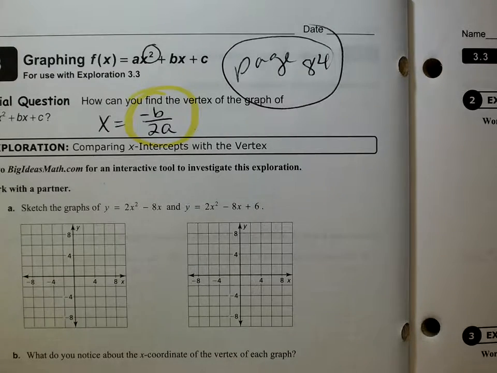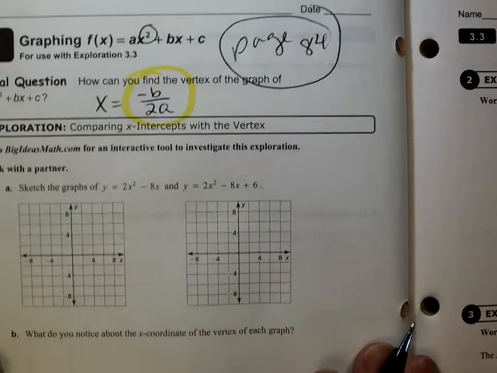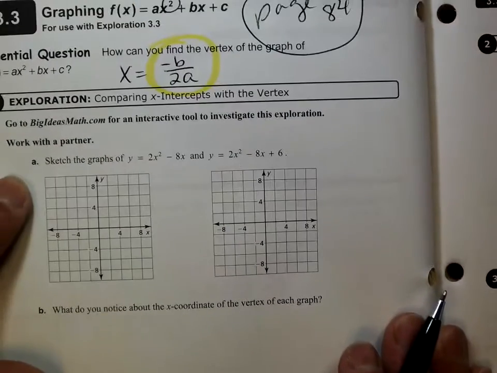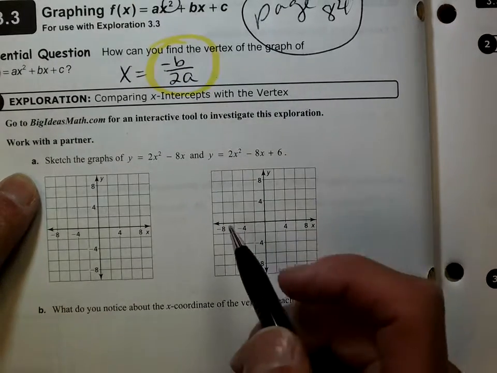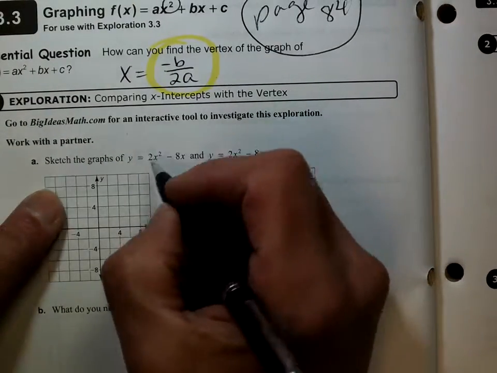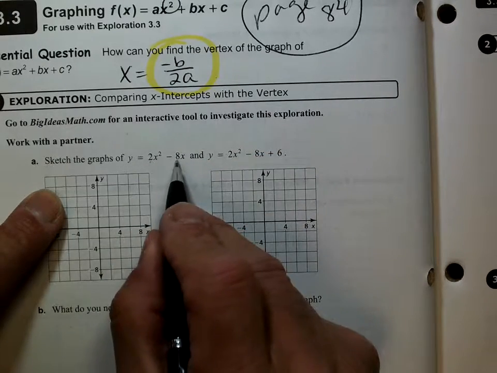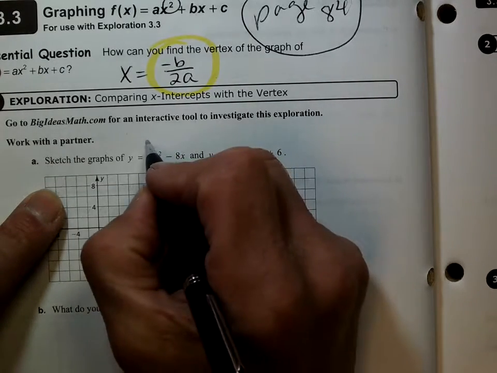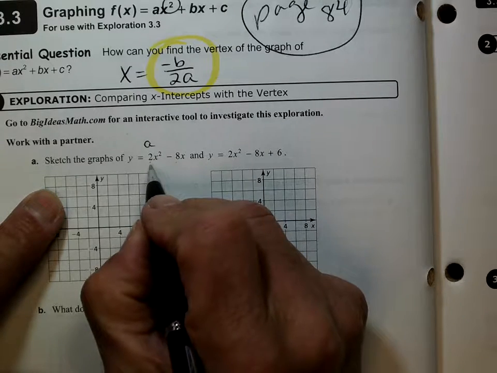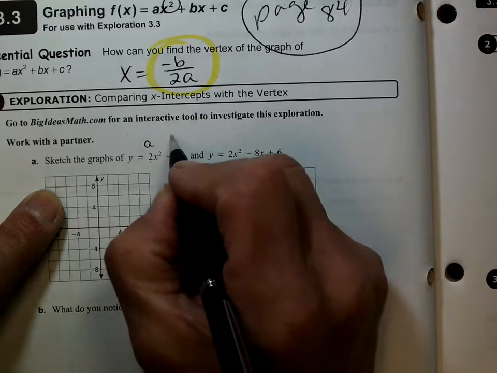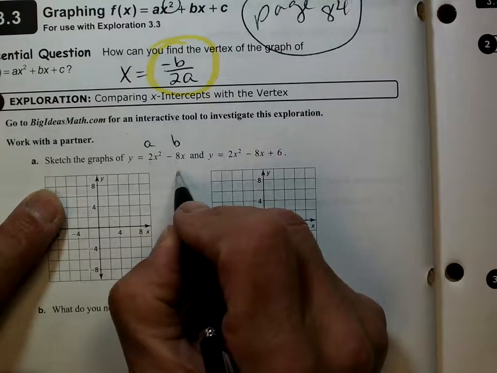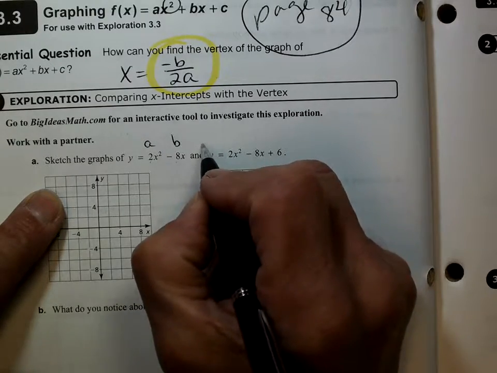Okay, so let's go to part A. In question A, what we have is a 2, a negative 8. Our a is always the number with the x squared. Our b is always the number with the x. There is a c here, but the c would be 0.